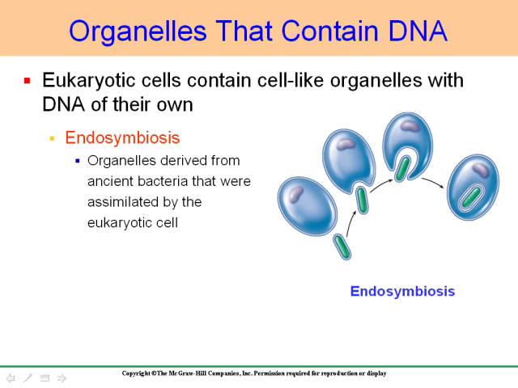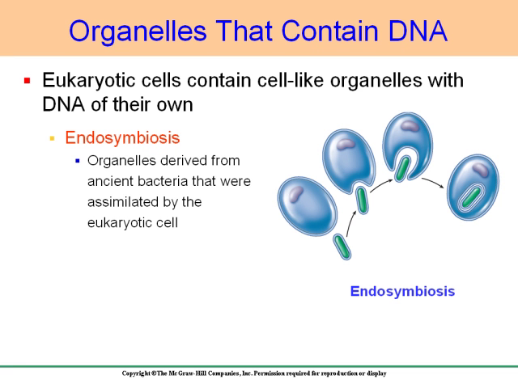In the figure to the right, you see what represents eukaryotic cells taking up bacteria, ancient bacteria in green. And then you have a situation where membranes surround that bacteria, and that bacteria comes to live in and exist in the eukaryotic cell.